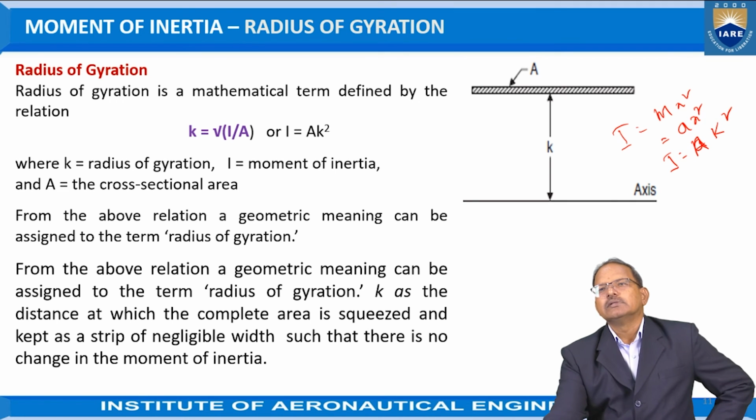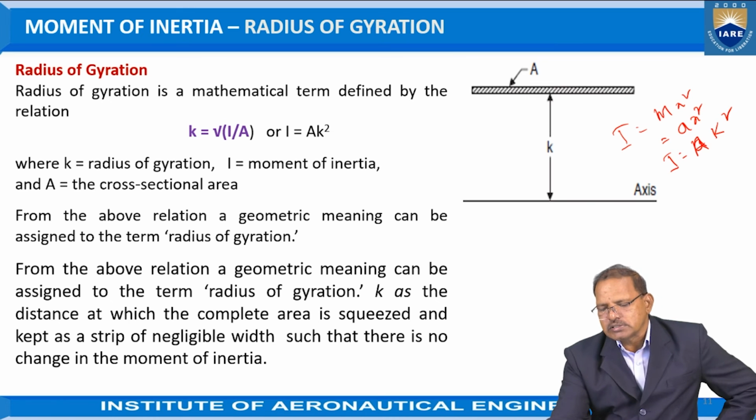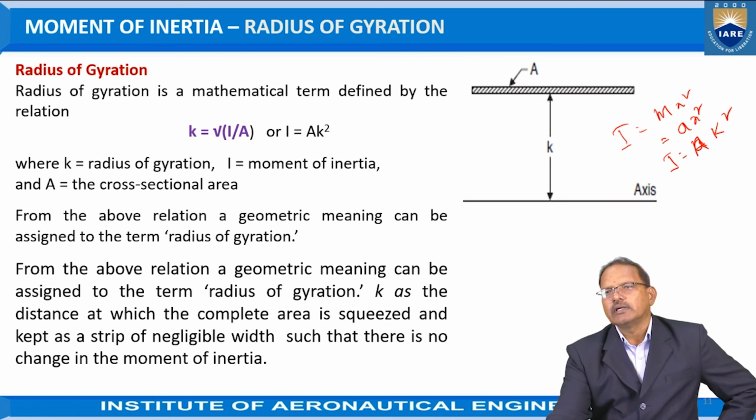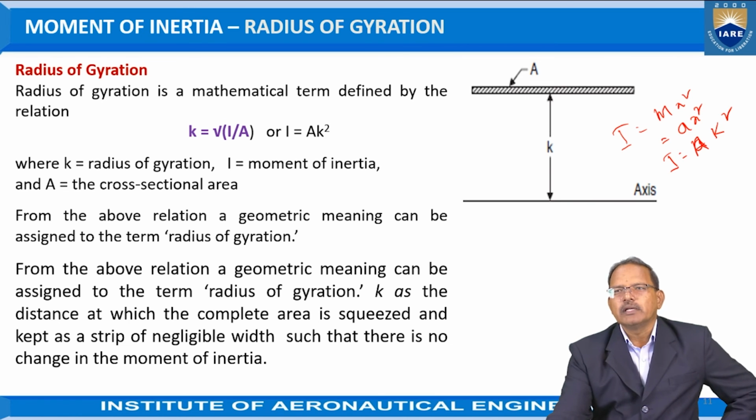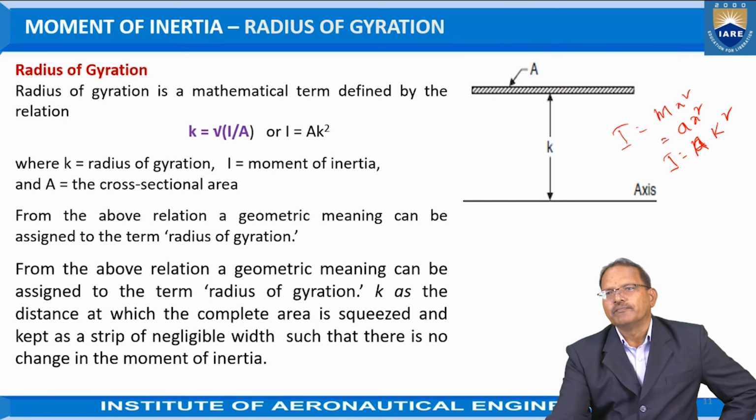Assume that the distance is not with respect to the x-axis or y-axis, but with respect to some axis we are taking as the reference line. Hence, I am taking this as k. That is, I is equal to A into k square. Then k can be written as k is equal to the square root of I divided by A.